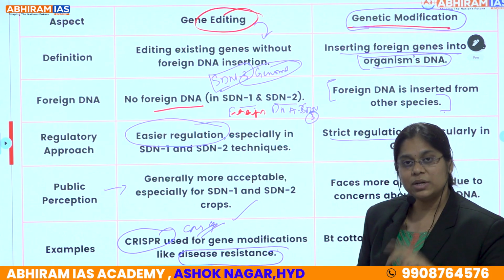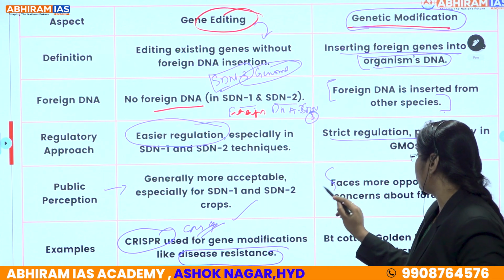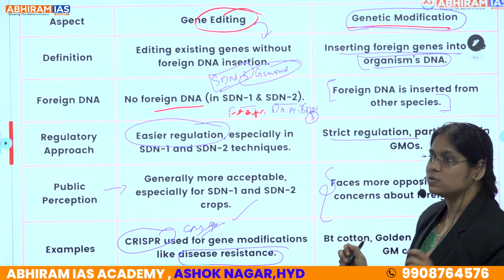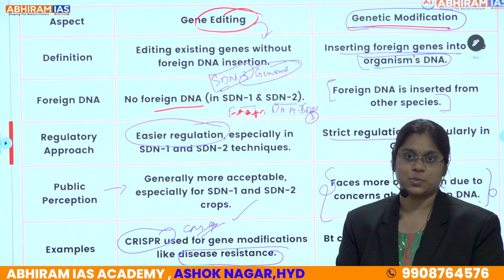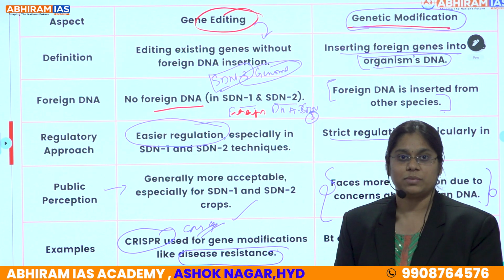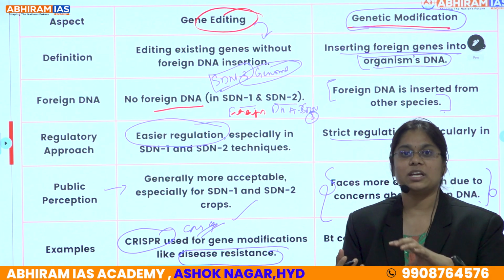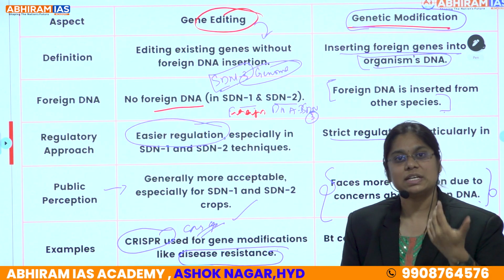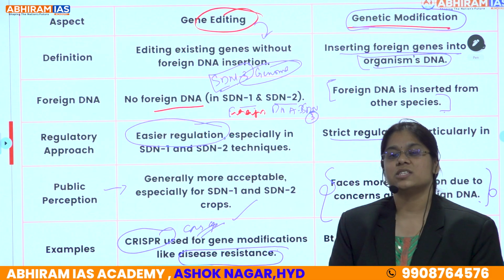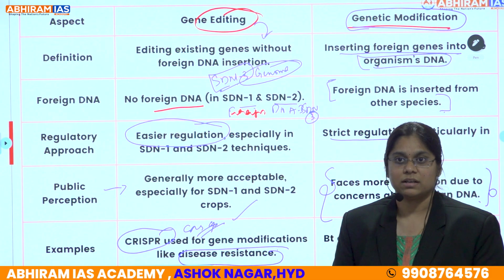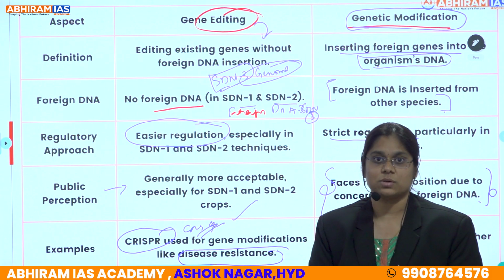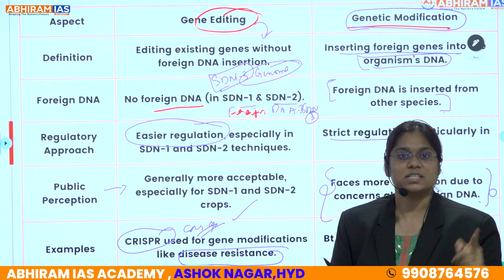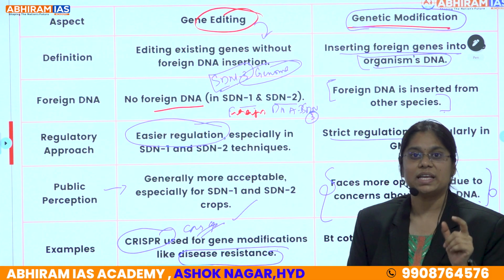But for gene modification, you can face more public opposition due to the insertion of foreign DNA. When these continuous mutations are done, the conventional trait, conventional gene or conventional characters in them will be lost, and this will be passed to the germline. Clear? What is germline? It will be passed to further generations also, so that the original trait is missing in them. Clear? That is why there are ethical concerns.